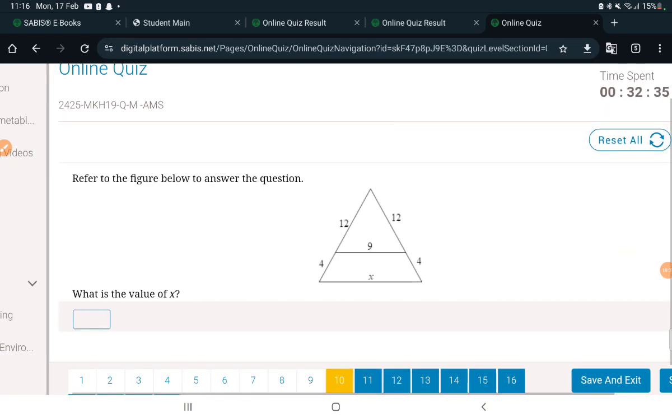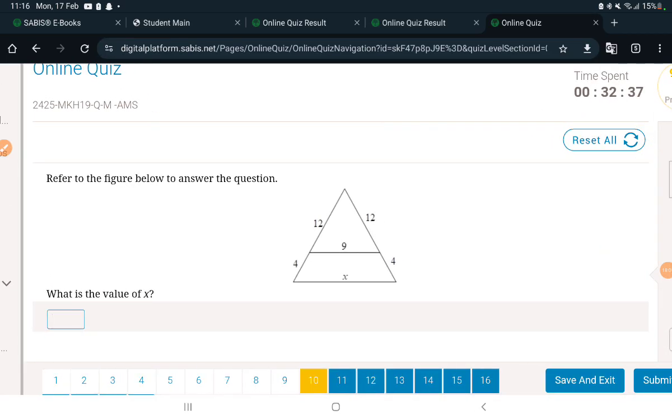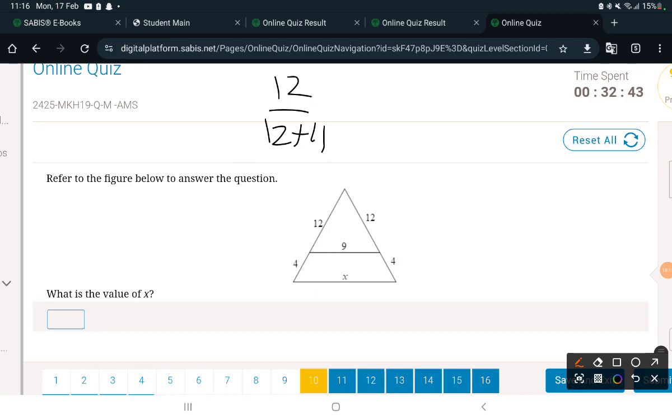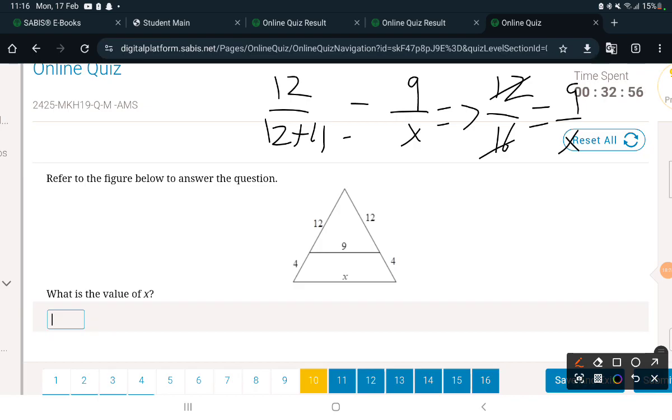Okay, so this is also a repeat question. 12 over 12 plus 4 equals 9 over x. So 12 over 16 equals 9 over x. We could divide the numerator and denominator by 4.